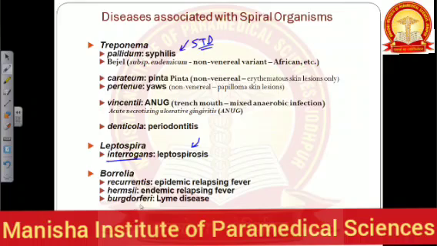Borrelia burgdorferi can cause Lyme disease in humans, and Borrelia recurrentis can cause epidemic relapsing fever, right? Spirillum can cause fever-like symptoms. We are not going to talk about this one.